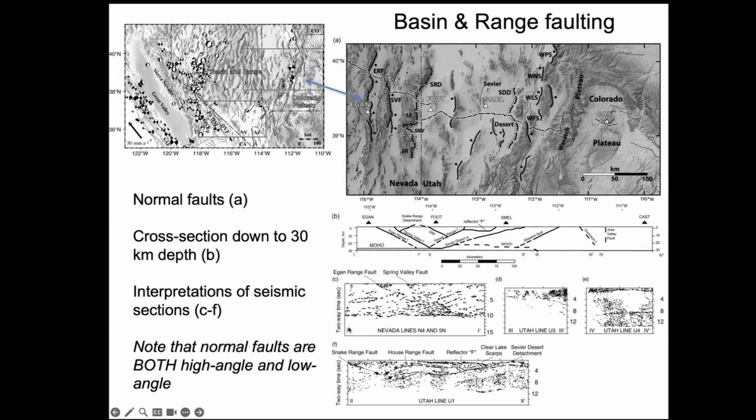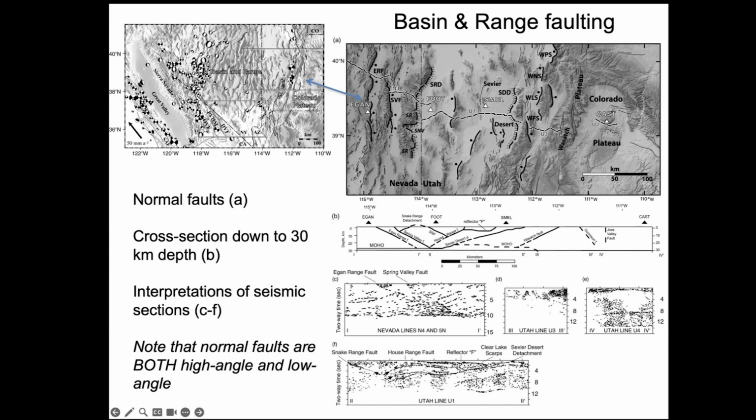And here you're looking at the reflectors. This two-way travel time, that's 10 seconds. Depending on the velocity, that's almost certainly the Moho, down at 10 seconds. And then you see these reflectors, which are not vertical at all. They're quite low angle.